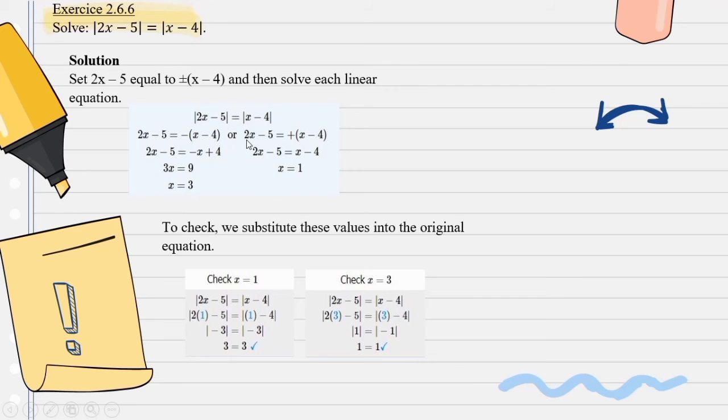The second equation: 2x minus 5 equals x minus 4.